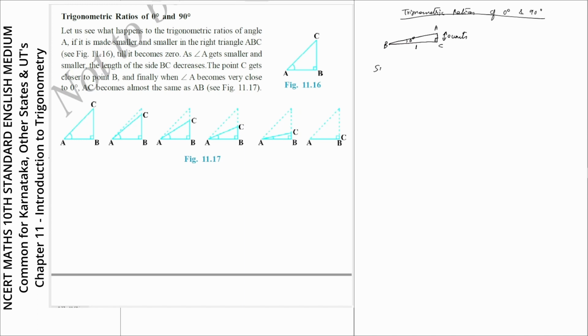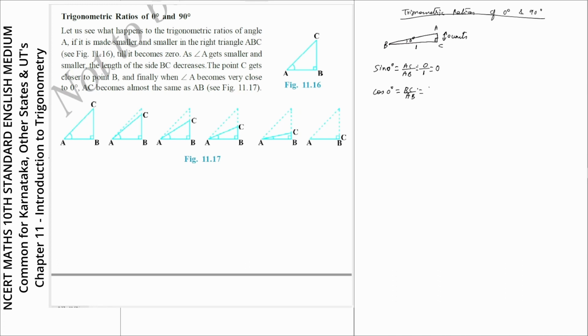Okay, now what is sin of 0 degree? Sin of 0 degree is opposite by hypotenuse, that is AC by AB. Now AC is almost 0, it's 0 only. So 0 and AB is 1, so 0 by 1 is 0 only. Now similarly cos of 0 degree. Cos of 0 degree is adjacent by hypotenuse, that is BC by AB.